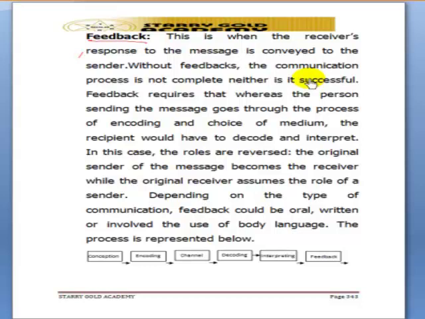Take for example, you are calling someone, and the person is to respond immediately. You have to get your feedback on the spot. But in the process of communication, there is probably a huge network problem, right?